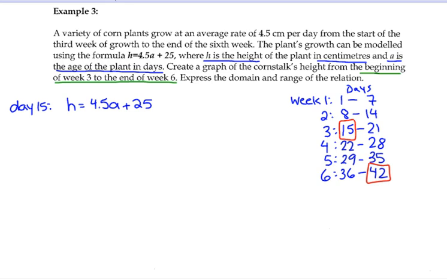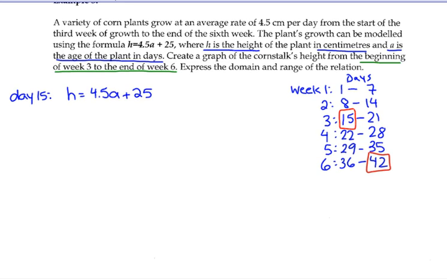Okay, so it's just a youngling. But we want to find how tall it is on what day? Day 15. So a is equal to 15. What does that equal? Our height on day 15. You didn't get 92 and a half?